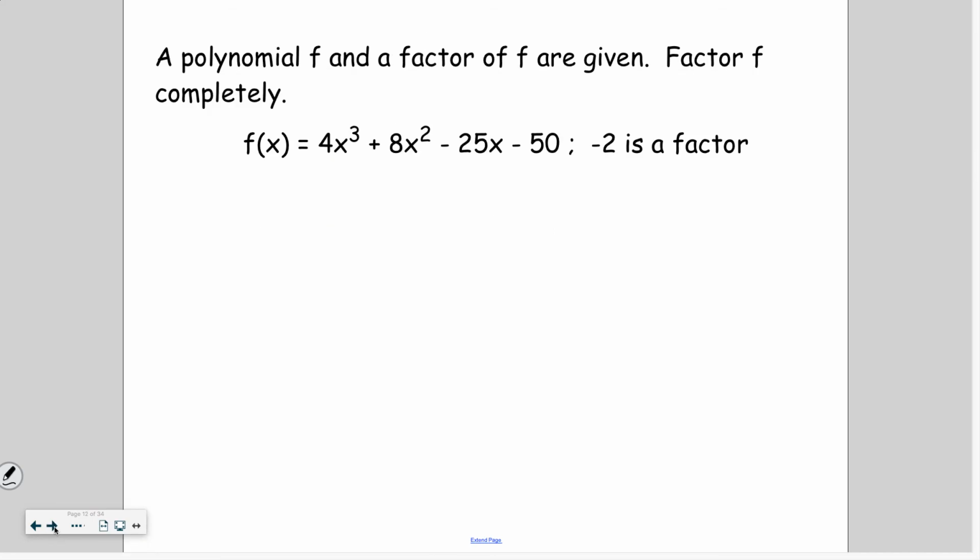All right, try this one. Now, one catch before you try this one on your own: it's telling me negative 2 is a factor. So I'm going to divide by negative 2. All right? It's not saying x plus 2. When it's given to me like that, I use what is given.